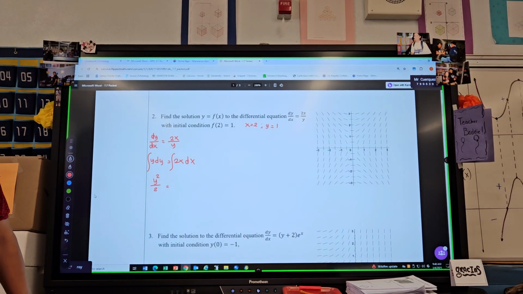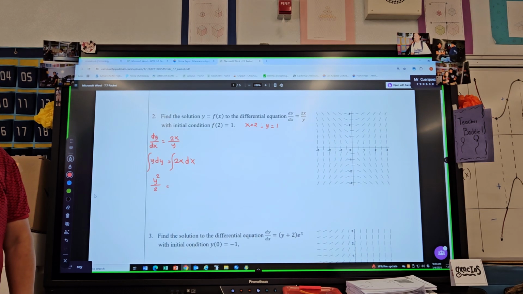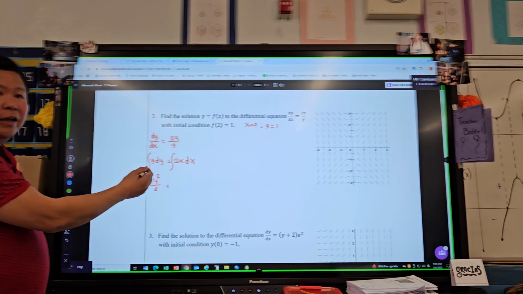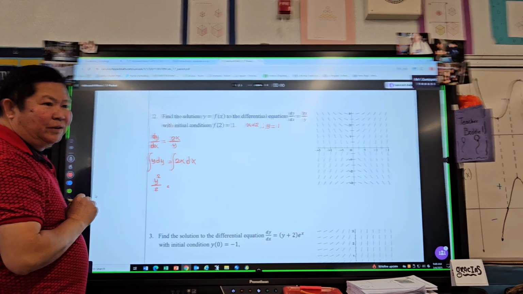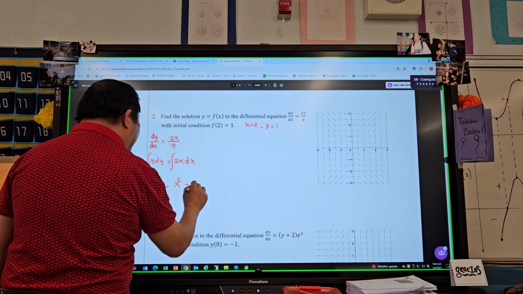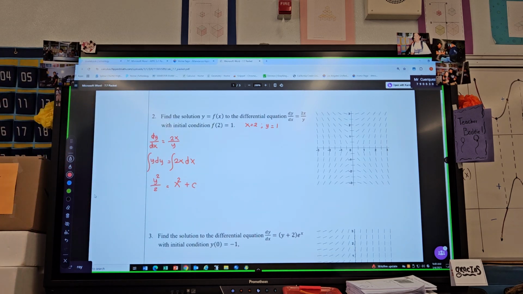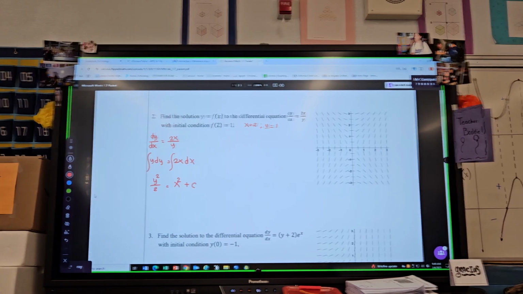And then the antiderivative of 2x dx is just x squared. Do you get me? 2x squared over 2, so the 2 cancels out. So this means x squared plus the constant. Can you now plug in the given condition that x equals 2 and y equals 1?